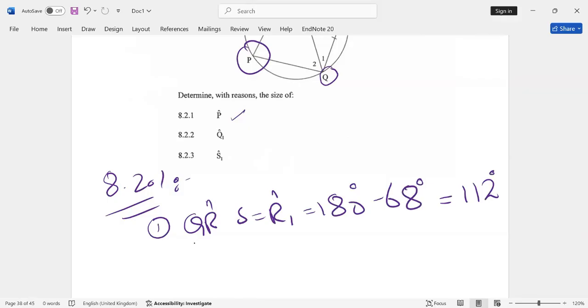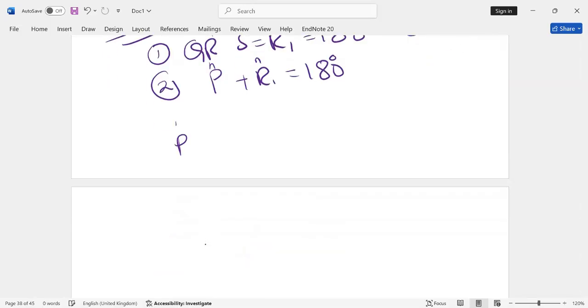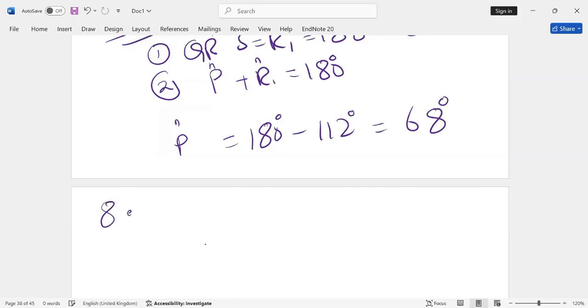Okay. And the second thing is P plus R1 equals 180 degree, opposite angles of a cyclic quadrilateral. Okay. So we have to write P equals 180 degree minus 112 degree, that is equal to 68. This is the required thing that we have to find out in 8.2.1.